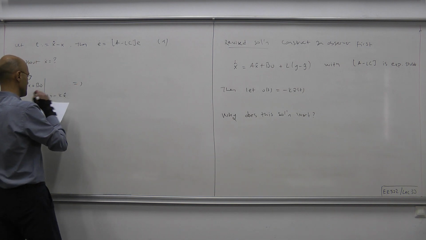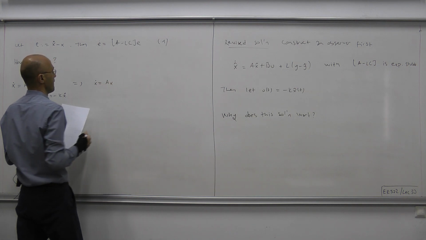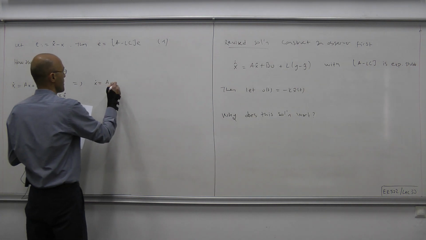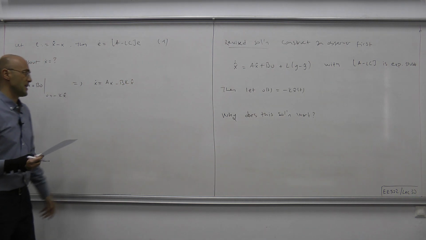Now that produces the following: x dot equals Ax minus BK x hat.